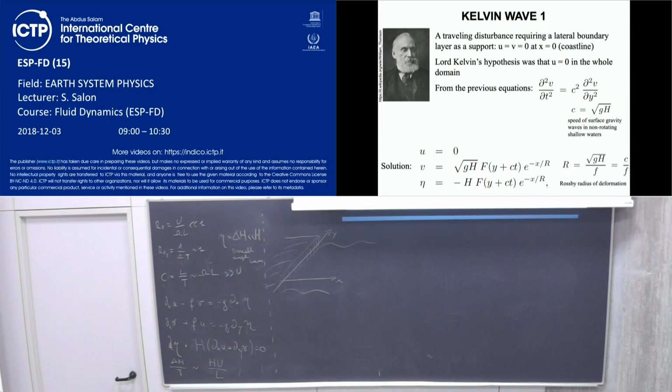Okay, so from our system, what we obtain is a system which has a perfect geostrophic balance in the x momentum, and then two equations.